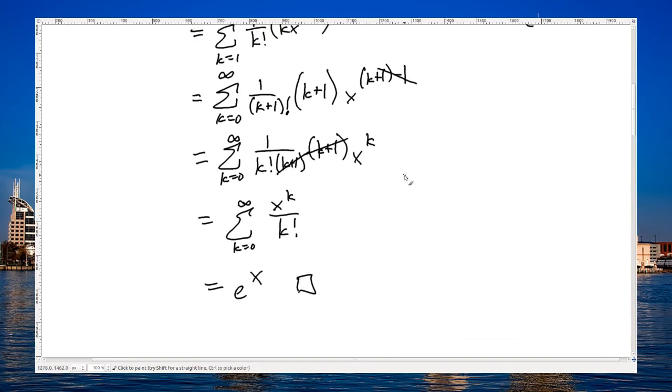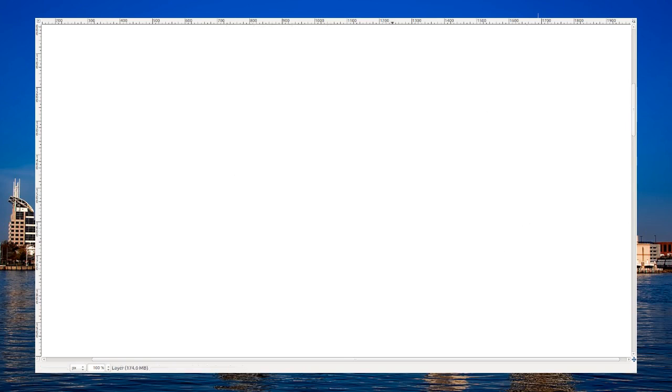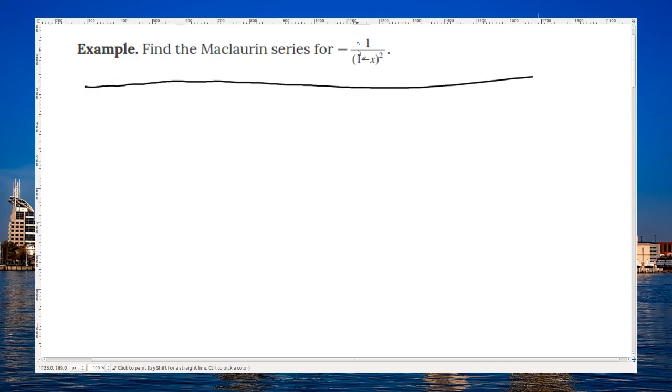Okay, let's do another example of applying term by term differentiation. We're going to find the Maclaurin series for this guy right here, and to do that we need to start with the fact that we know the Maclaurin series because we know some power series converging. There's a missing piece of this problem. We're assuming the domain is -1 to 1.